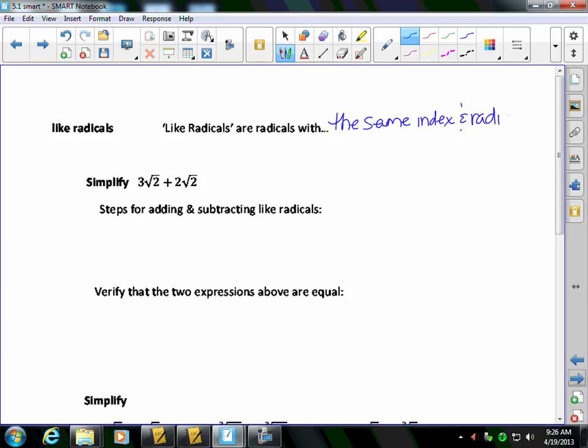So what that means is the number in the notch and the number inside have to be the same. It doesn't matter what the coefficient is, just what the number in the notch and the number inside it is.